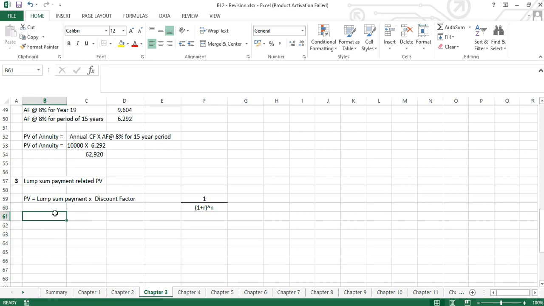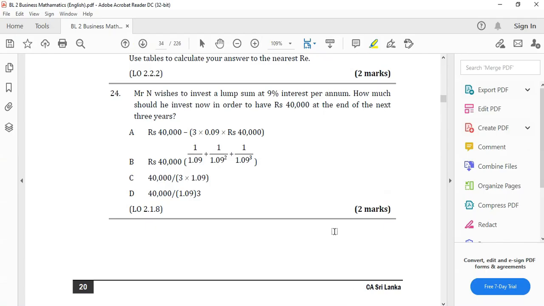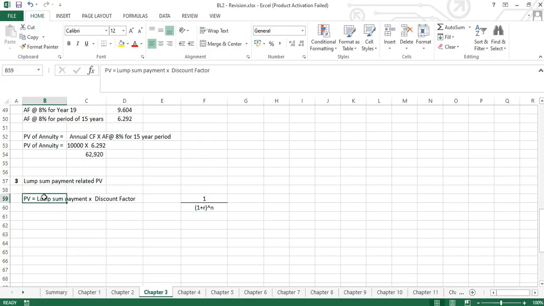Right. So the lump sum payment is what we need to know. Well, they've not given it, but they've actually given the lump sum payment's value at the end of the next 3 years. That means this is basically the future value of the lump sum payment.